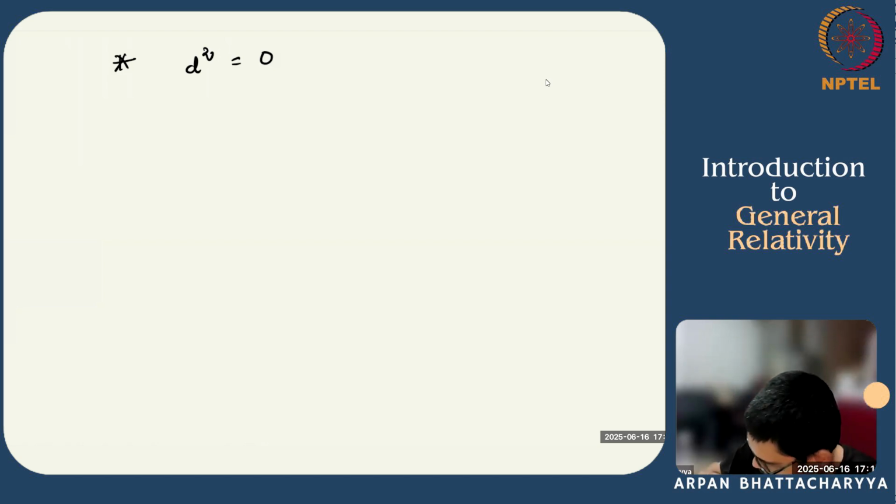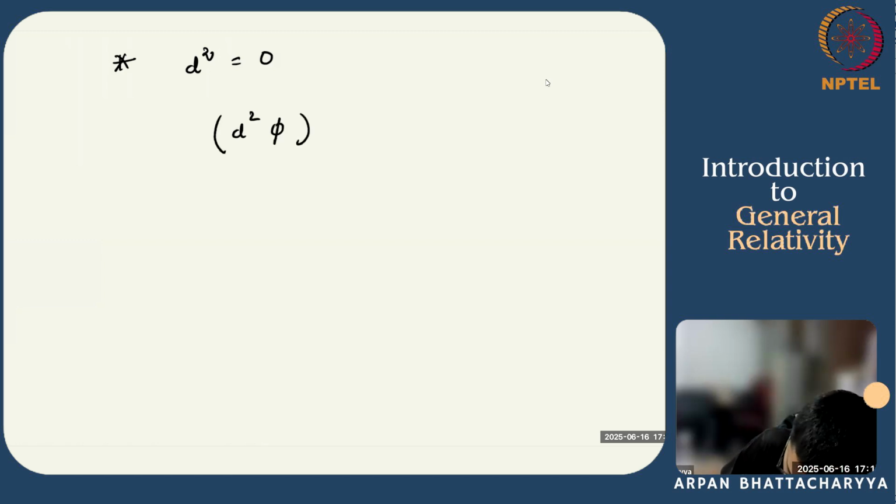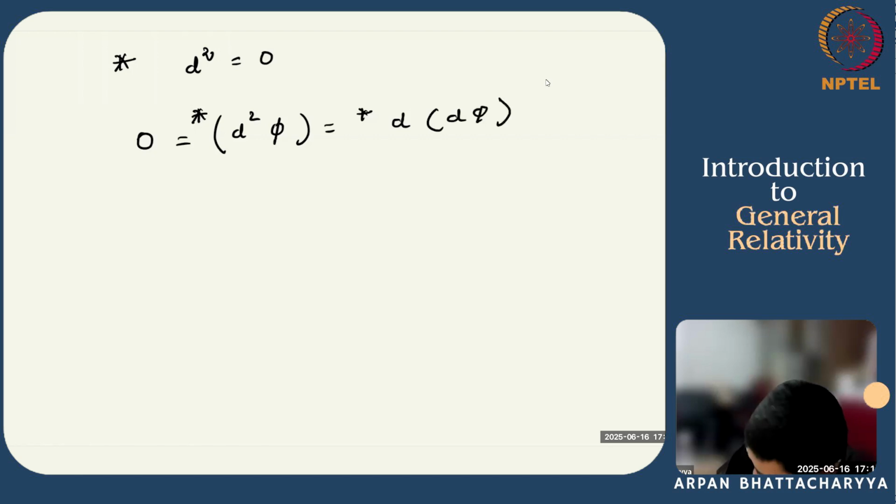So now let's apply it to a 0 form. d squared phi is 0, phi is a 0 form. Let's take a star of it, and this should be 0. So now what is this giving? On this side we have star, we have d, and then another d of phi. But we have written the d of the 0 form phi as nothing but the gradient of phi dot dx. Okay.